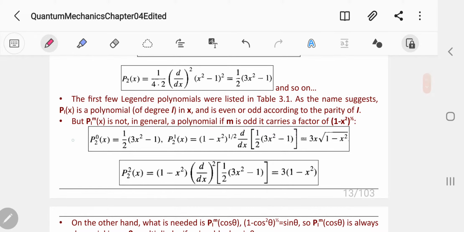Look at this. For the associated Legendre polynomial, if m is odd, which means this m here, it carries a factor of square root of 1 minus x squared, this one.